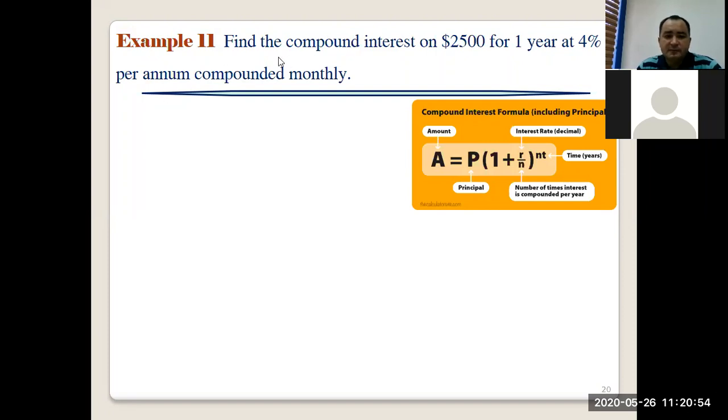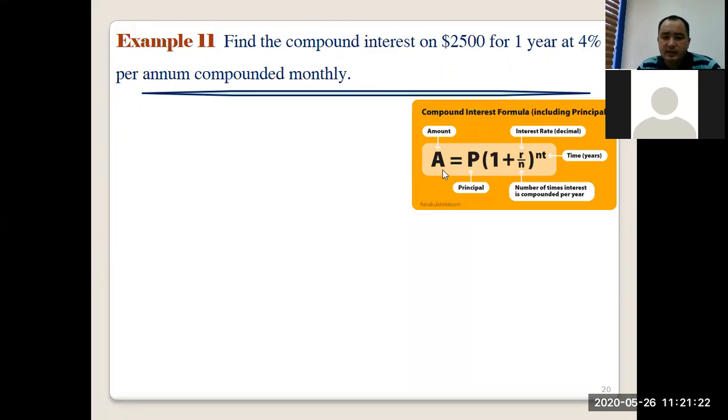Now in this example, find the compound interest on $2,500 for 1 year at 4% per annum, compounded monthly. Usually when banks offer rates, the rate is an annual rate. So if you want your interest compounded monthly or quarterly, they will make some adjustment to the formula.